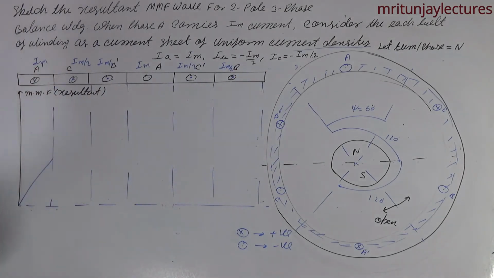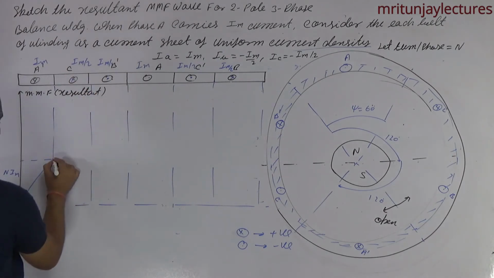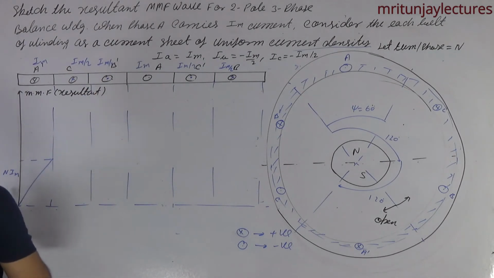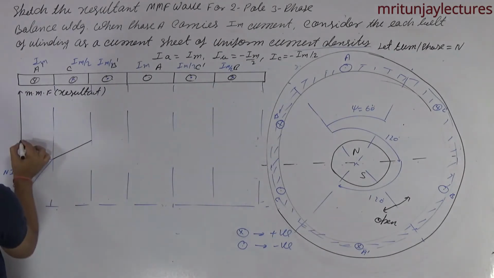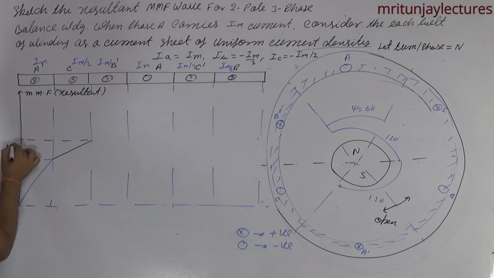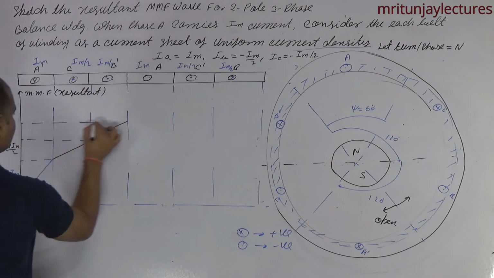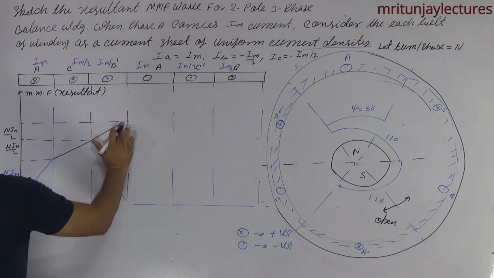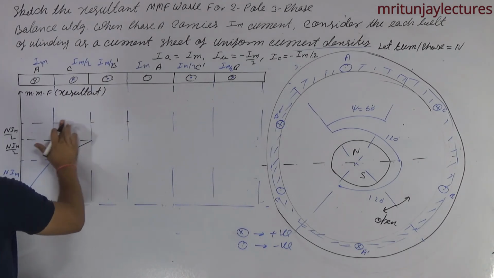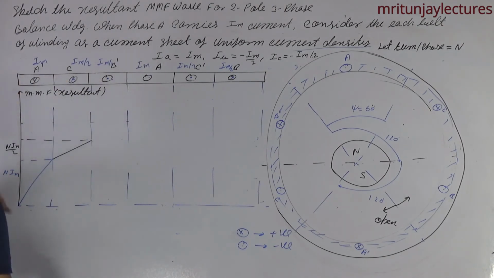Like this one, N into Im MMF. After that, N Im by 2, it is represented like this, that is N Im by 2. After that N Im by 2, cross, that's why.